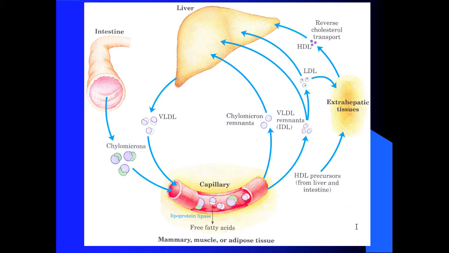And I said when we first started talking about this that the liver is the most important tissue for cholesterol metabolism. And here's another reason. If you're not sure about the answer, what's the most important? Say the liver. Right? The most important, the liver.